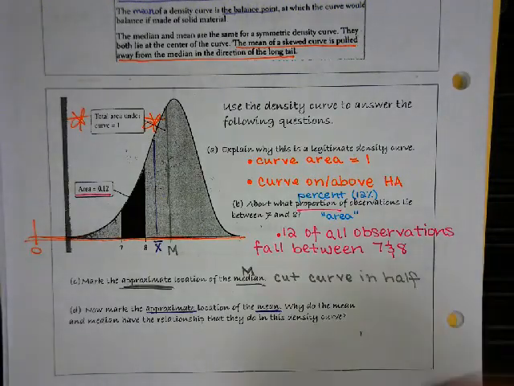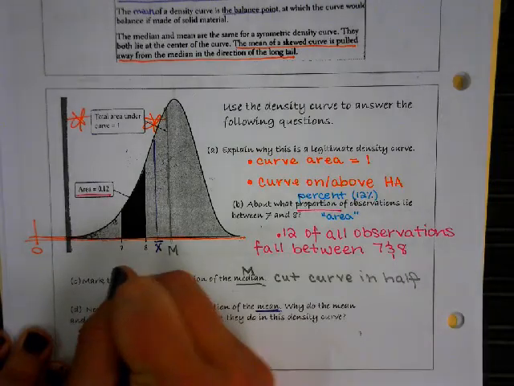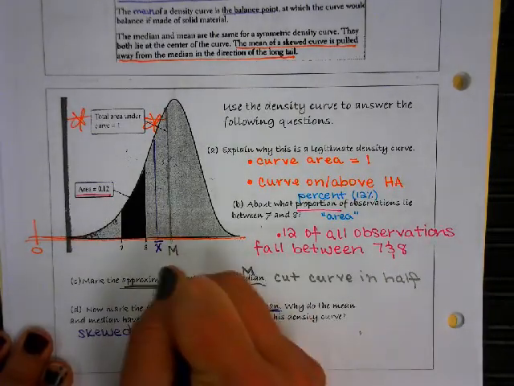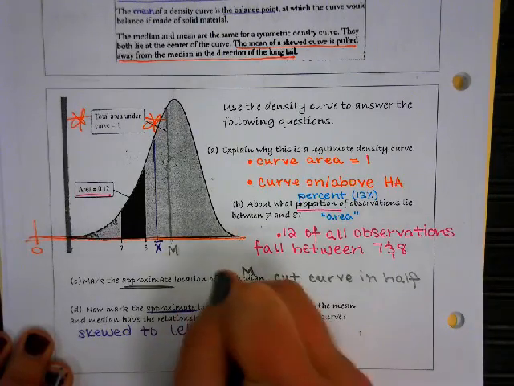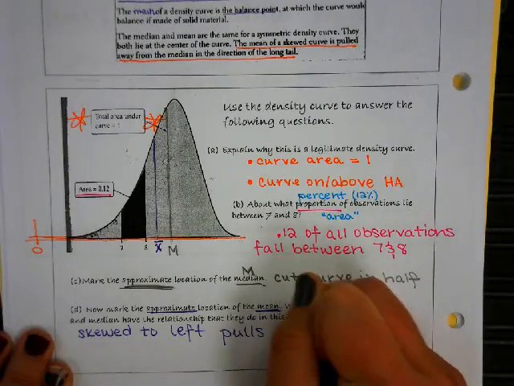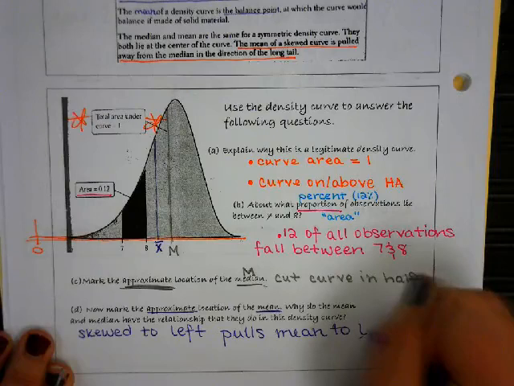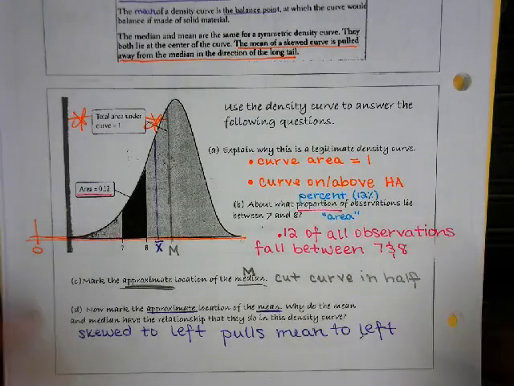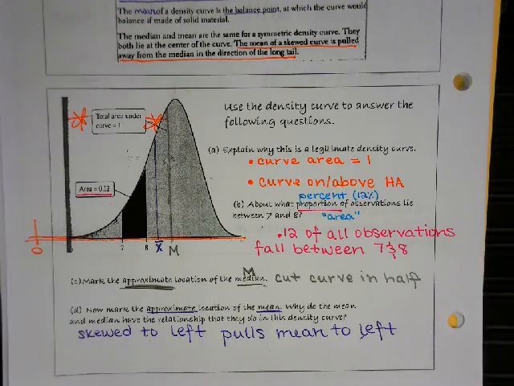So skewed to the left is going to pull the mean to the left. Any questions before I flip my paper over?